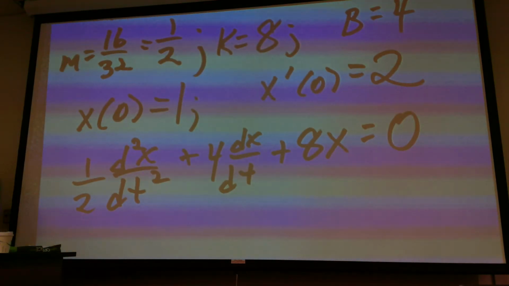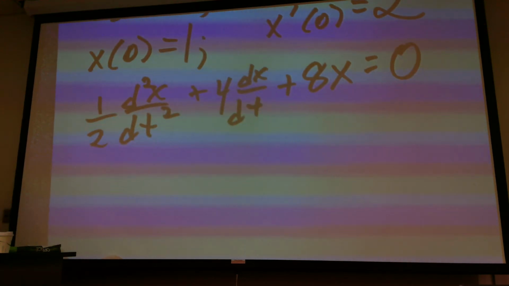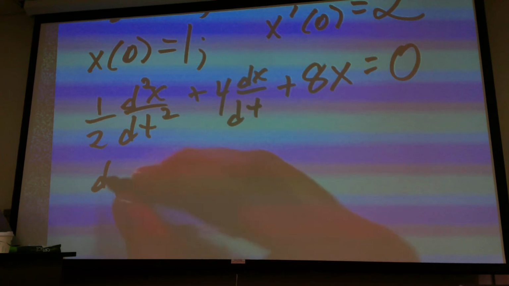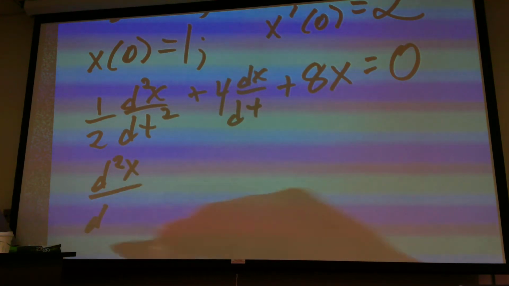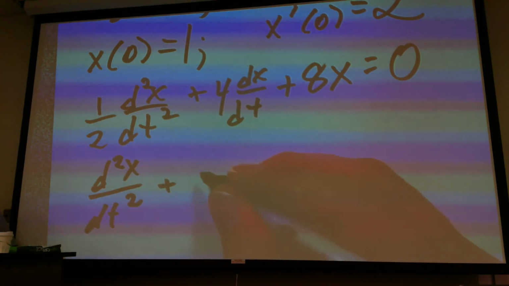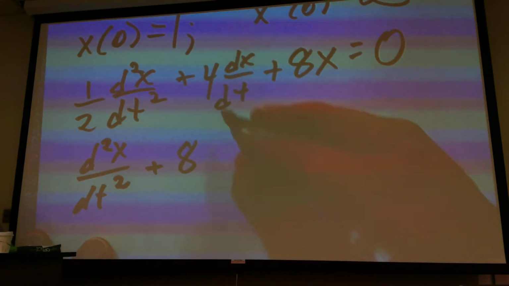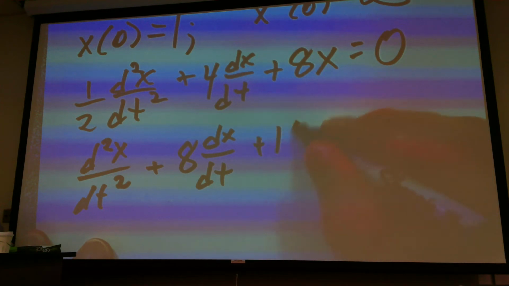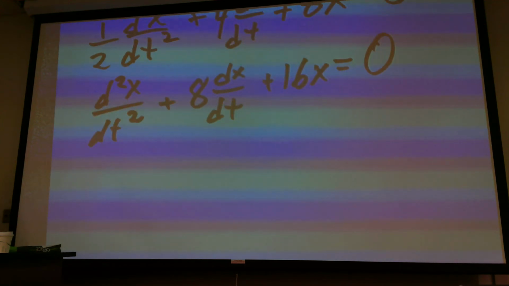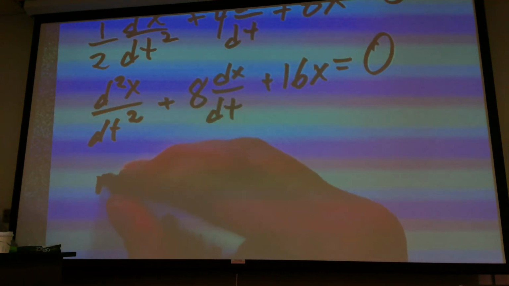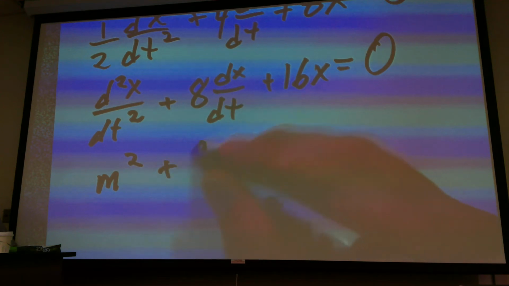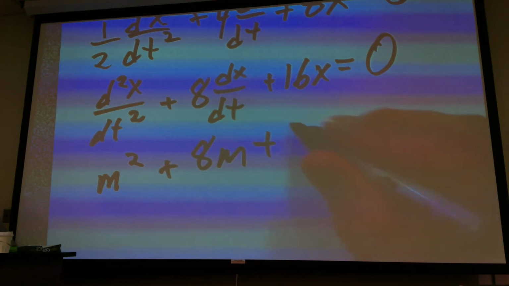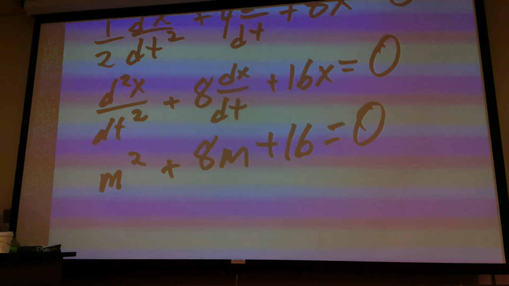Let's get this in standard form by multiplying everybody by 2. So this auxiliary equation is going to be m squared plus 8m plus 16, which equals 0.